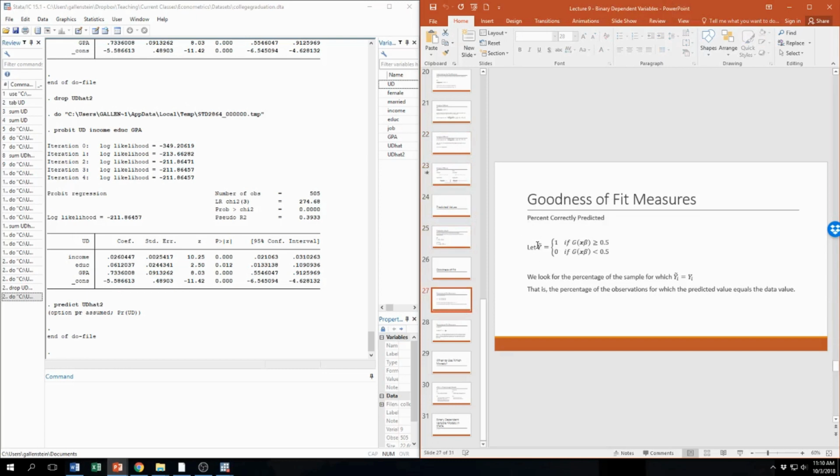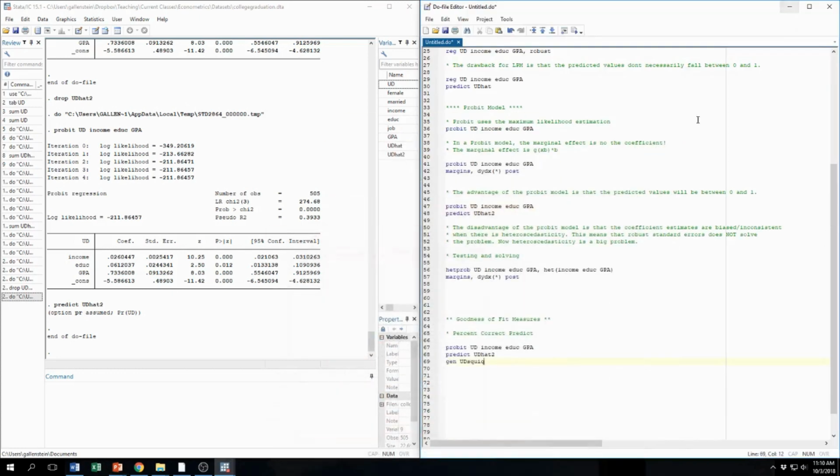I'm generating a new variable. It equals 1 if the predicted value is greater than 50% and 0 if the predicted value is less than 50%. Then we're going to look at the percentage of the sample for which this new predicted value, this y squiggle, is equal to the true value, the value in the data.